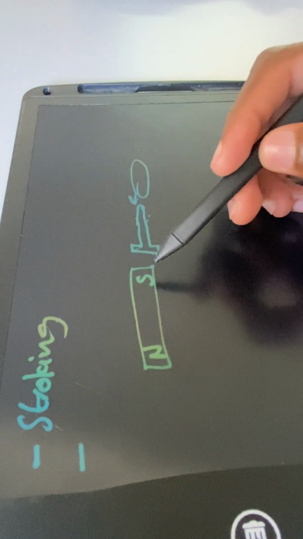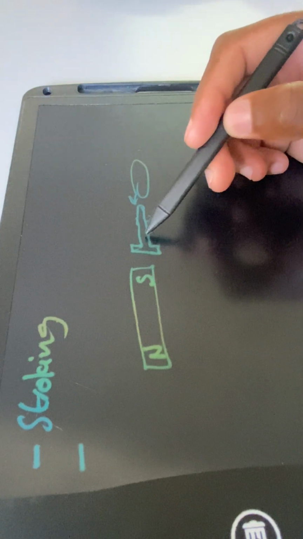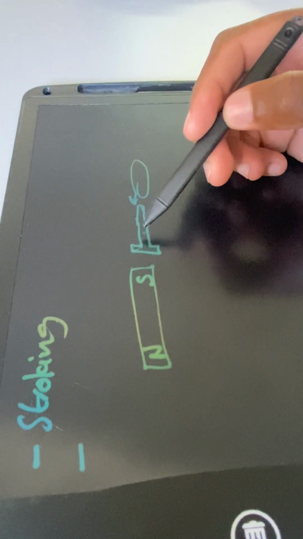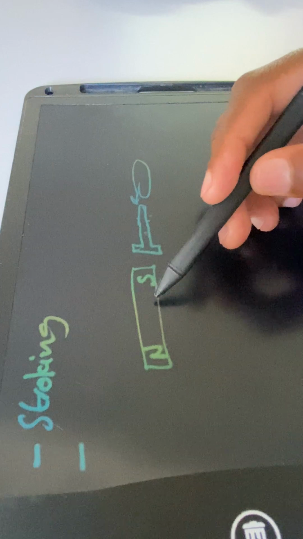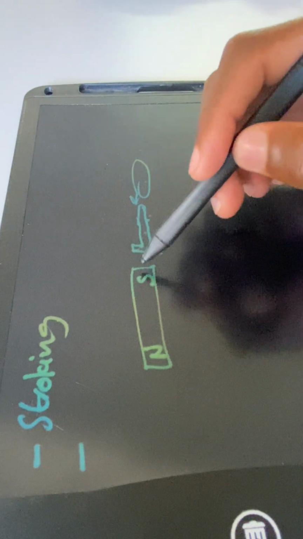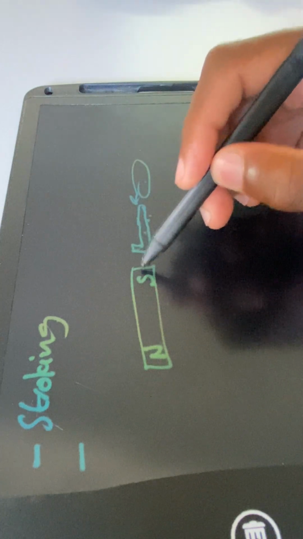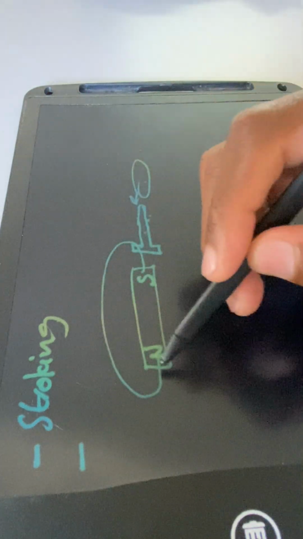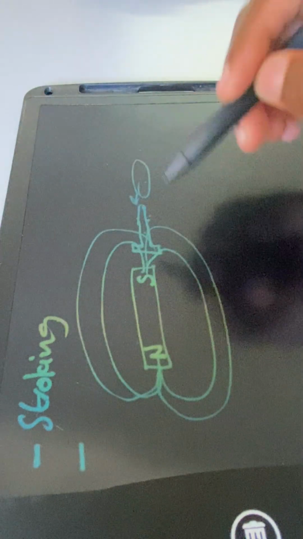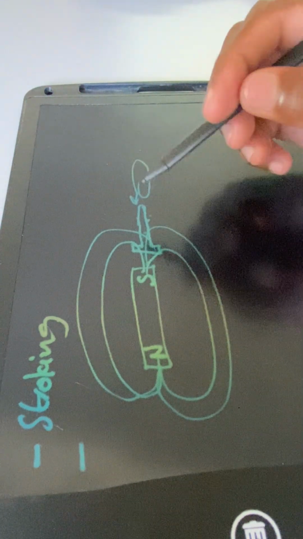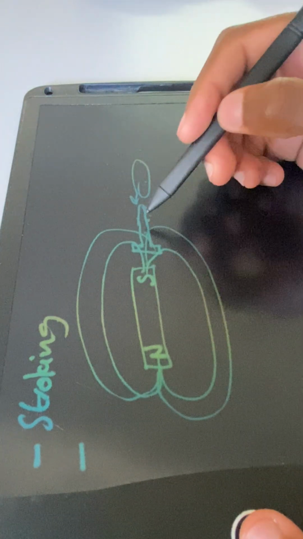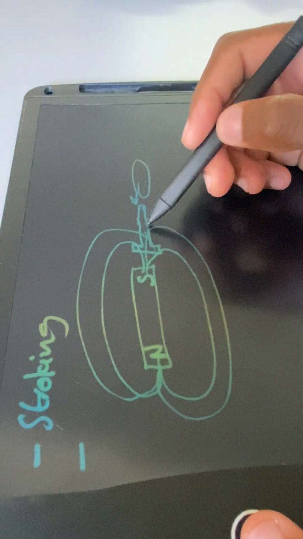What makes the nail have attributes of the permanent magnet, such that it attracts the paper clip, is what we call magnetic field lines, or the magnetic field, which is the region of space around the magnet. But I'm still going to talk about magnetic fields later on in this video. So that's one other way of inducing magnetism on a magnetic material.